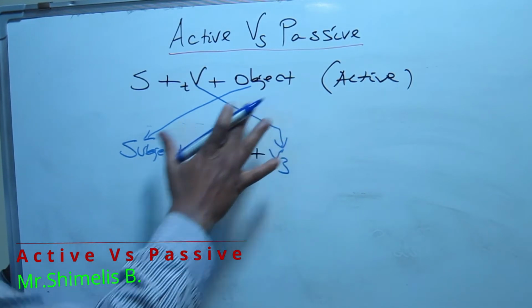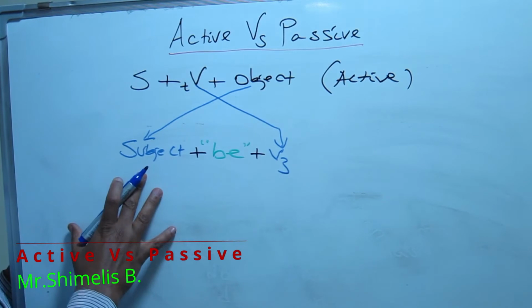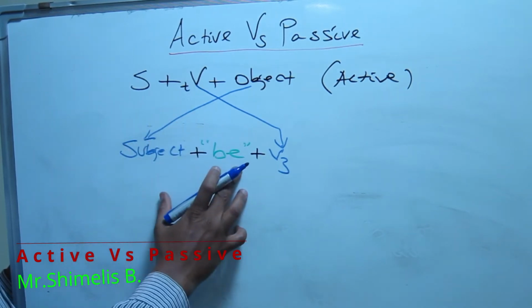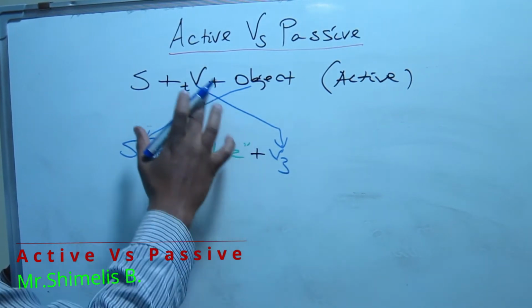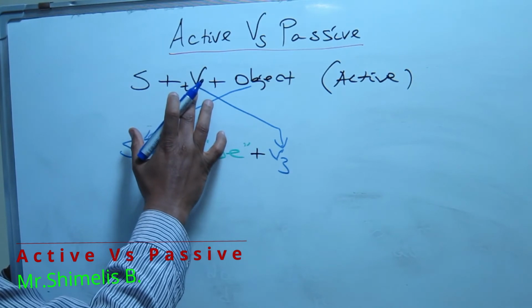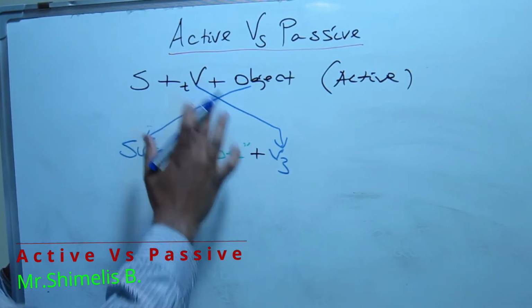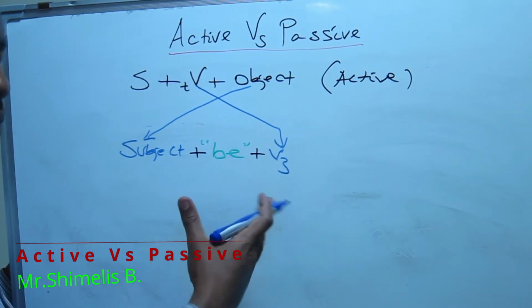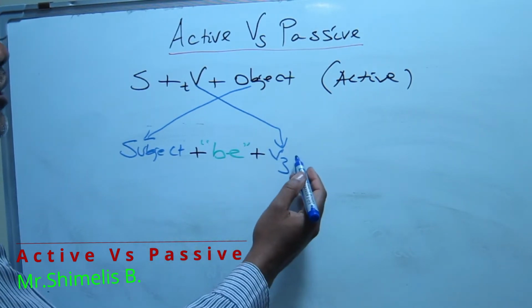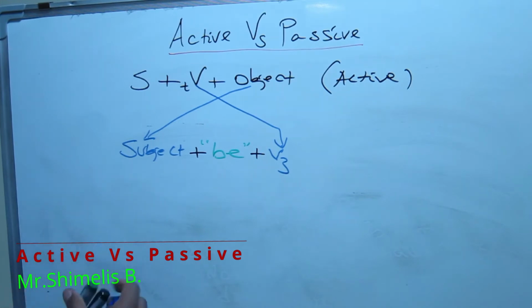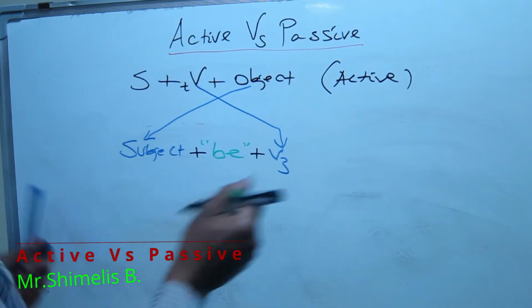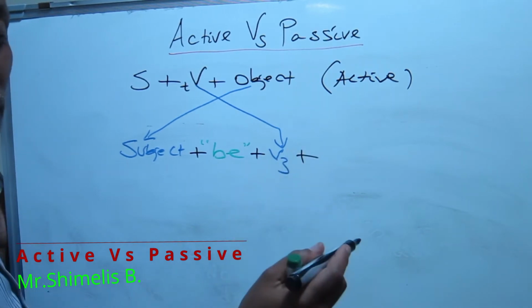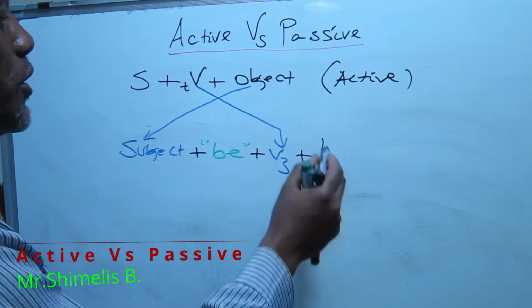We are done here. We make the object of the active the subject for the passive. We use the auxiliary verb to be, and we change the main verb of the active, in whatever form it may be, to past participle. We are done up to this point. But if you want to, we can continue by expressing the doer, which is not obligatory but optional.